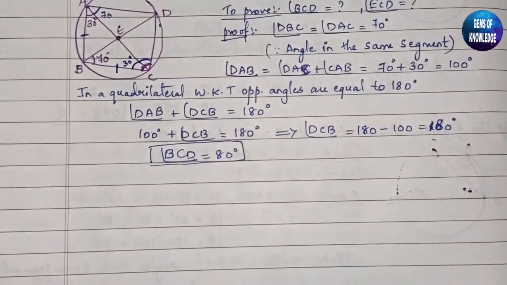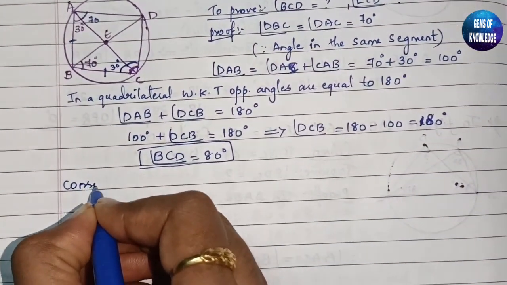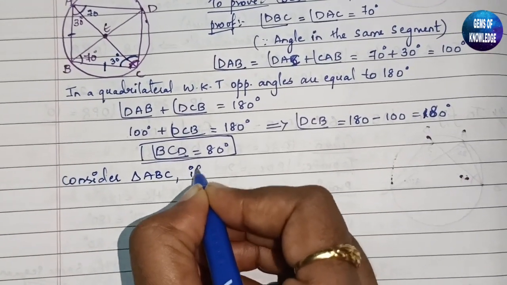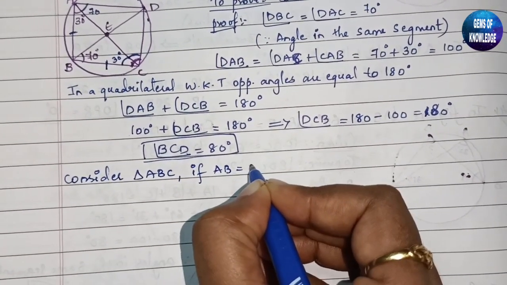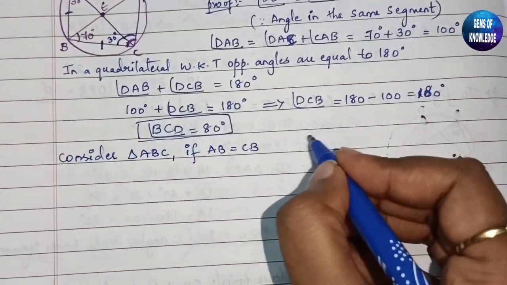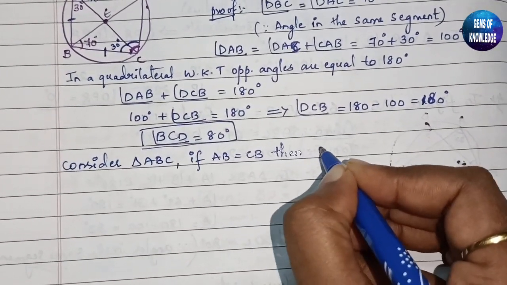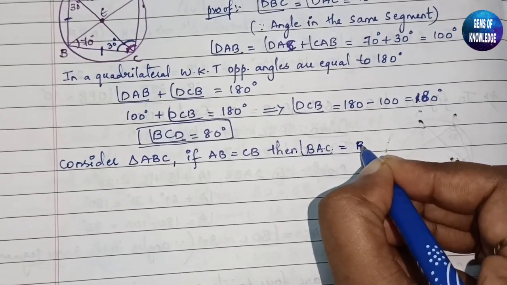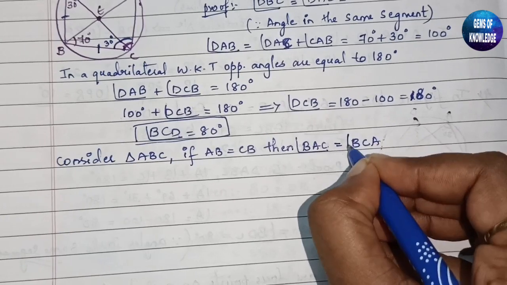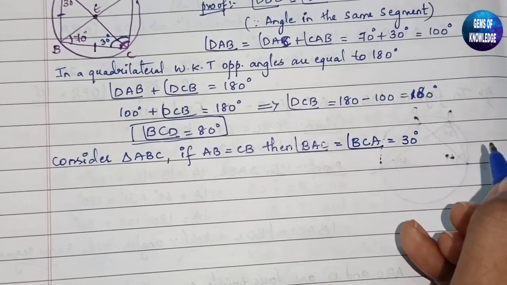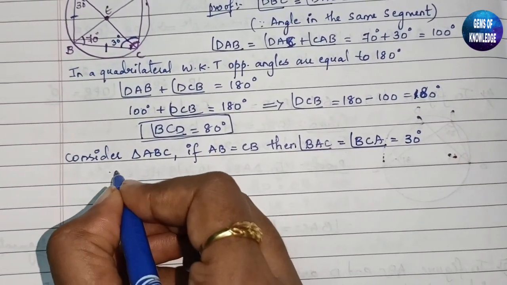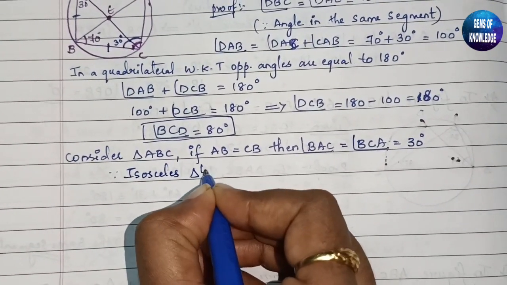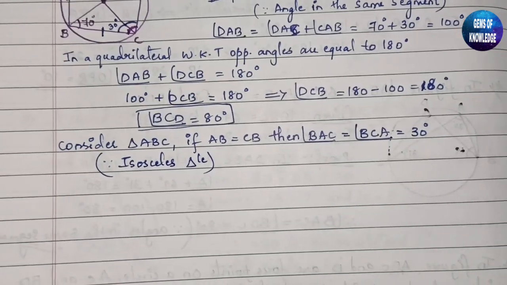Let us write: consider triangle ABC. If AB is equal to CB, then angle BAC is equal to angle BCA, which is 30 degrees, since it is an isosceles triangle.